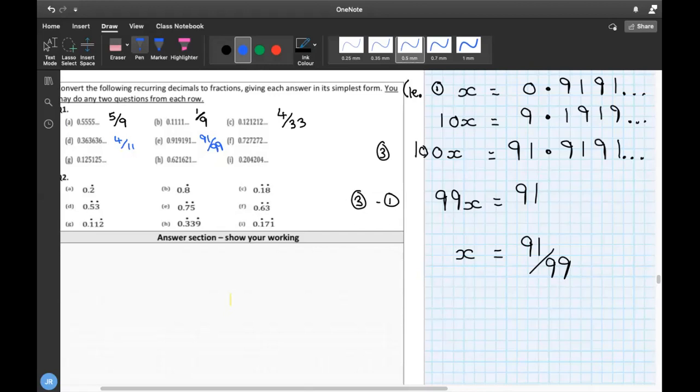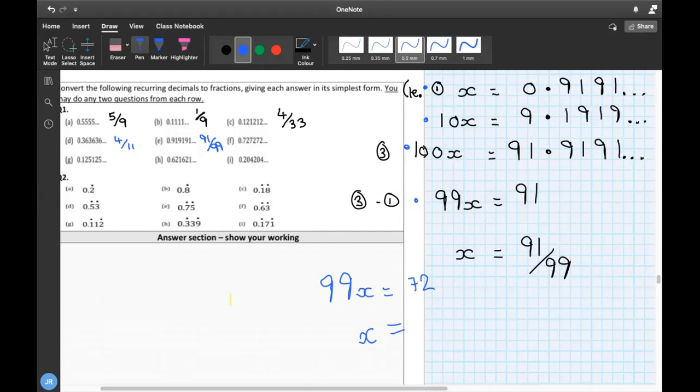If we've got two digits recurring, 0.72, straight away after the decimal point, I know that 99x is going to be equal to 72. We'd go through all of the steps that you see here, and you would end up with 99x being equal to 72 rather than 91 this time.